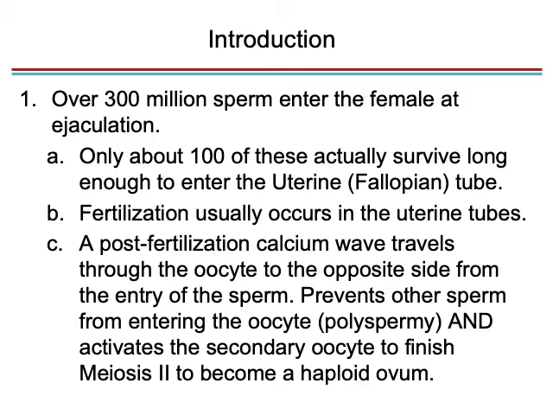One, it stimulates the egg to produce a secondary fertilization membrane, which prevents other sperm from entering the egg. Secondly, this high level of calcium, right? It's always calcium. Activates the secondary oocyte to continue through meiosis to initially become the haploid egg, the final product.